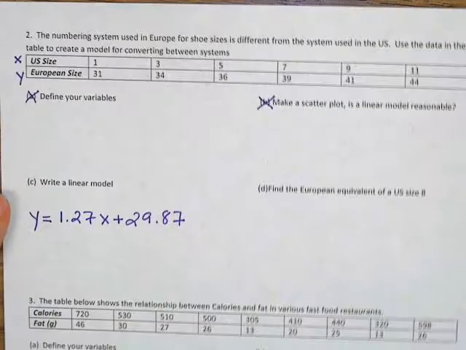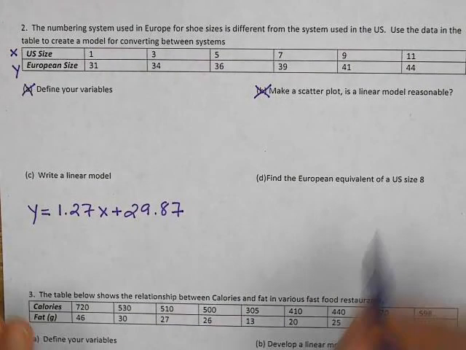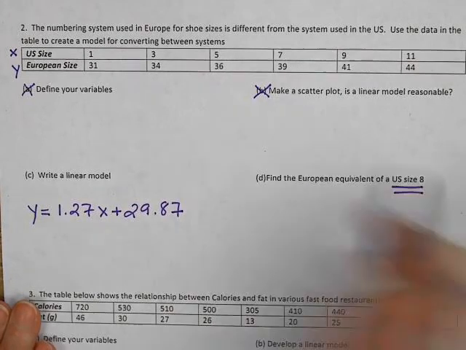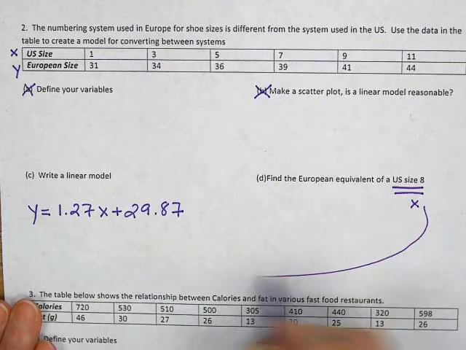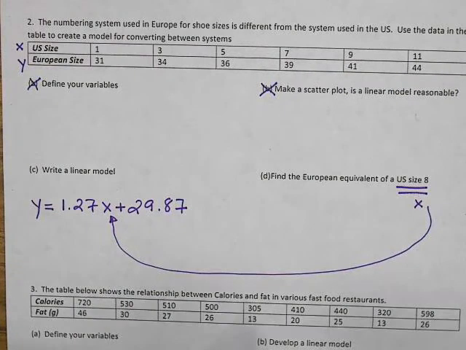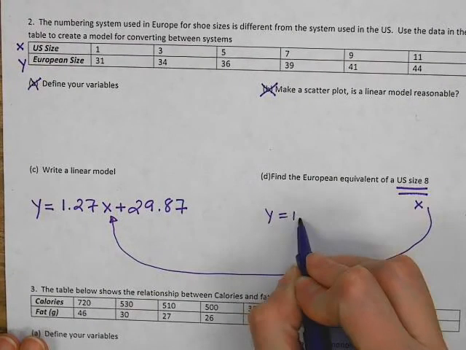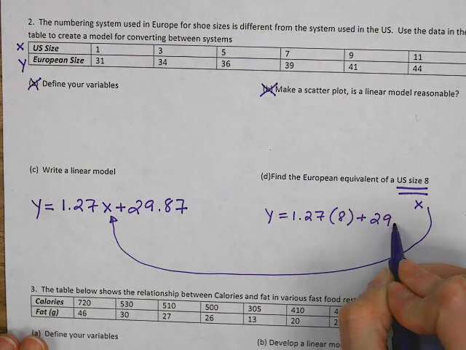All right, D says, find the European equivalent of a US size 8. So US size 8 is X. So we're going to have to plug in X to be 8 and see what we get for Y. Okay, so we're going to do 1.27 times 8 plus 29.87.